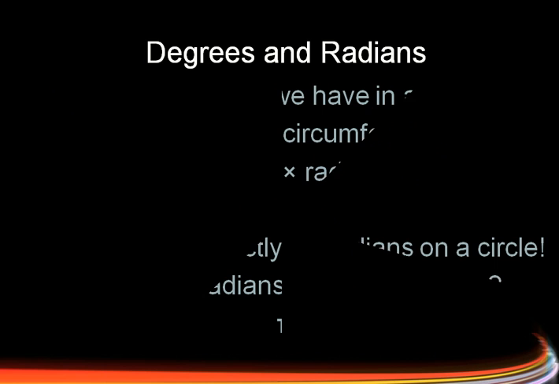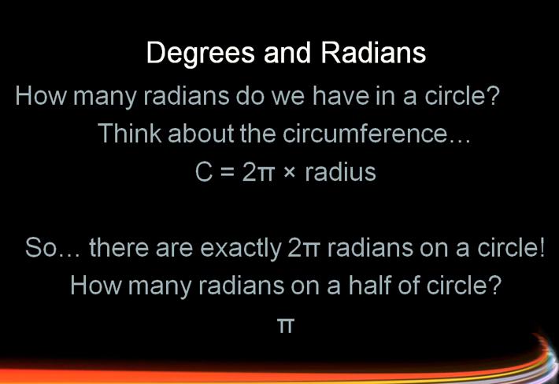So, degrees to radians. How many radians do we have in a circle? Well, if we think about this, our circumference is equal to 2 pi times the radius. So how many radii am I able to place around the circle? Well, obviously, if circumference is equal to 2 pi r, the amount of r that I would be able to place would be equal to 2 pi.